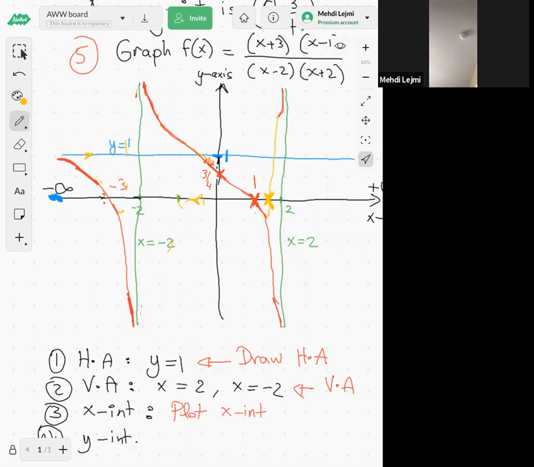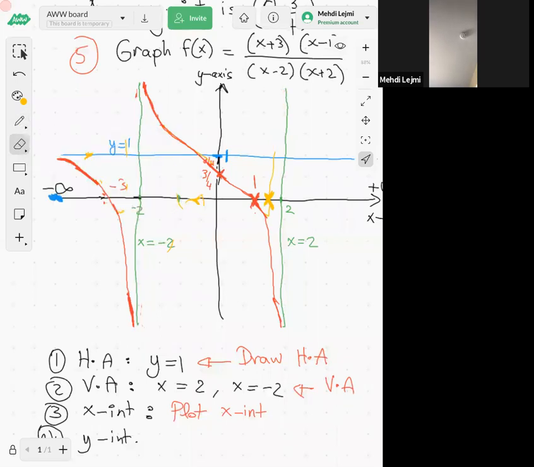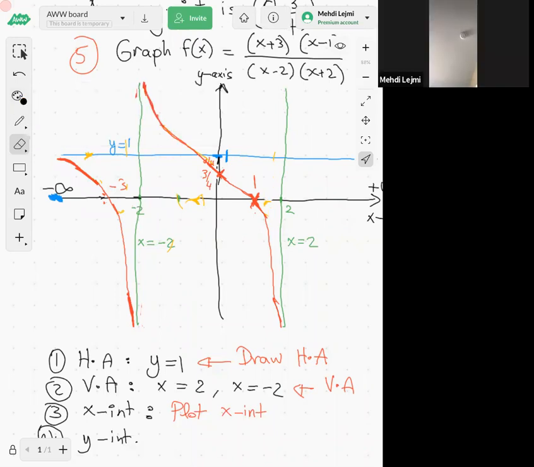But we don't have an x-intercept there, right? So yes, we have to go down. So I have to erase this here. Okay. Here. Oops. All right. Now, next, we are almost done.